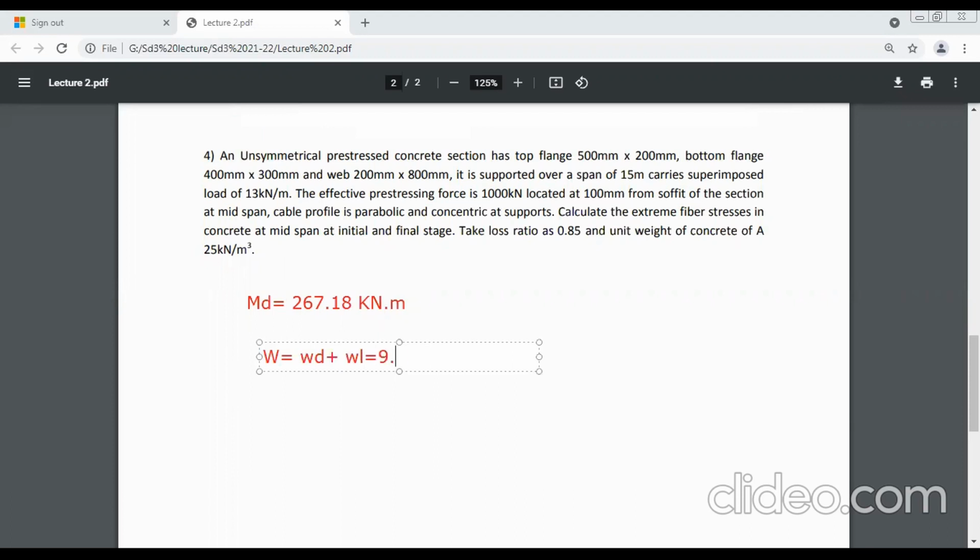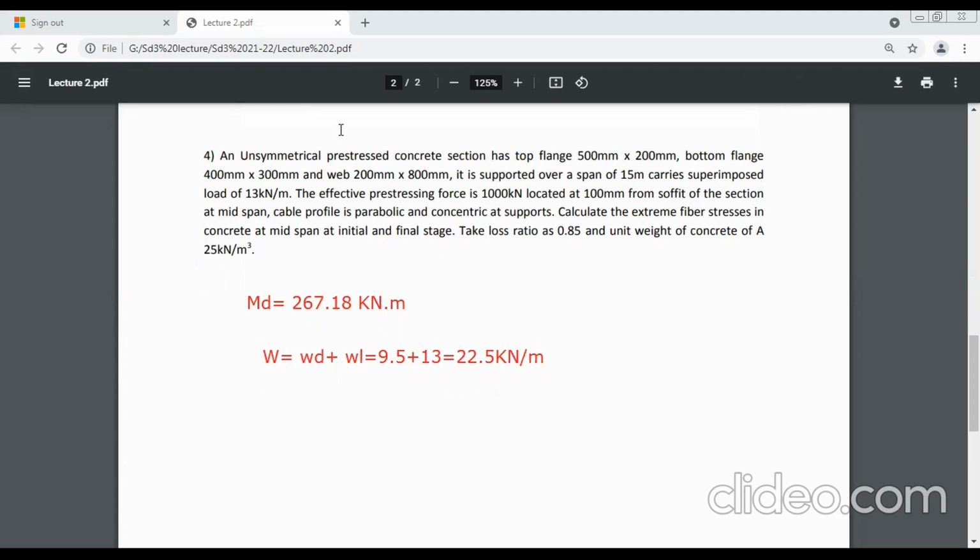Dead load is 9.5, and live load is given, the superimposed load, 13. So 9.5 plus 13 will be 22.5 kilonewton per meter. This is the total load on the span.